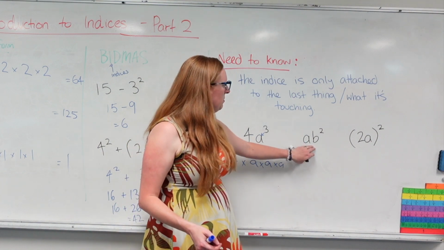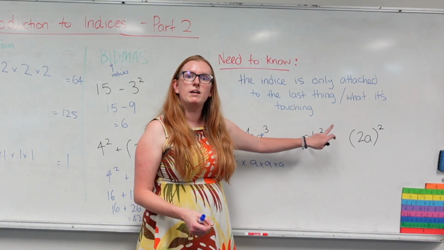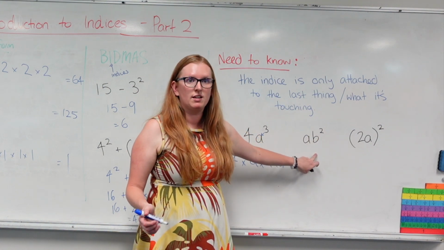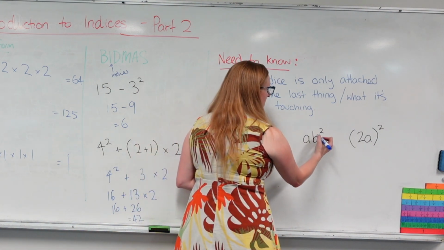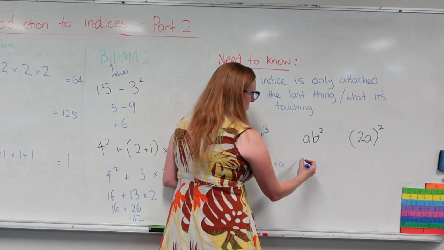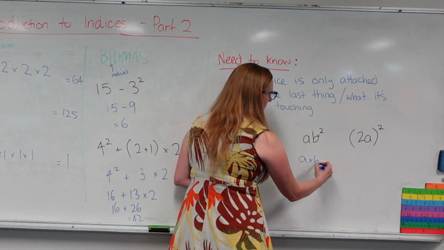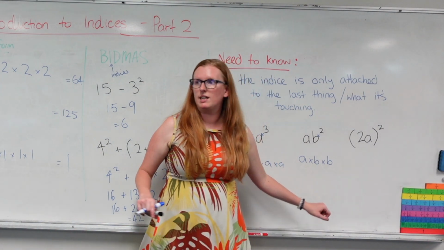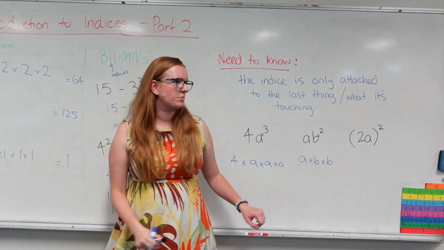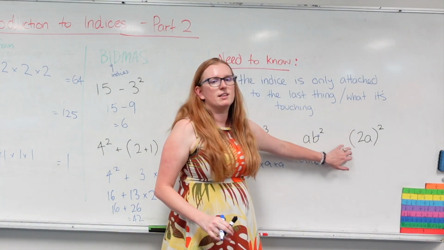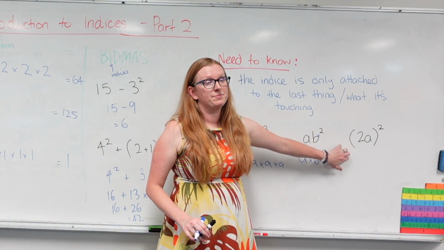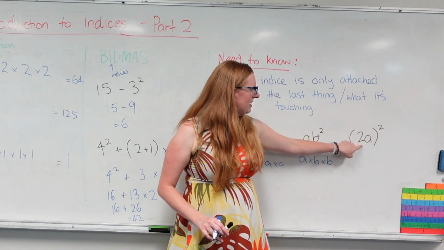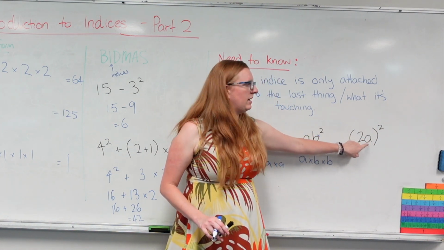Here I've got ab to the power of 2. My power here, my indice is only attached to the b. Okay, it is only attached to the last thing. So this means a times b times b. So there need to be 2 b's if I was to write it in standard form. Now here, this is an interesting one. Notice how my 2 isn't actually touching my a in there.